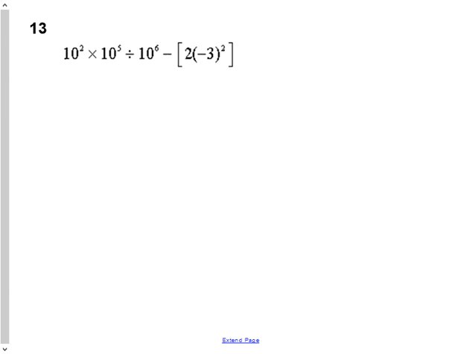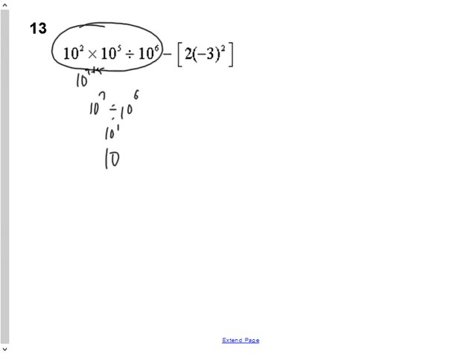I wanted you to apply your exponent laws here so that you would keep the base and add the exponents to give you 10 to the 7 divided by 10 to the 6. All of this here will eventually become just 10. 10 to the 1, really, which is really just 10 in standard form.